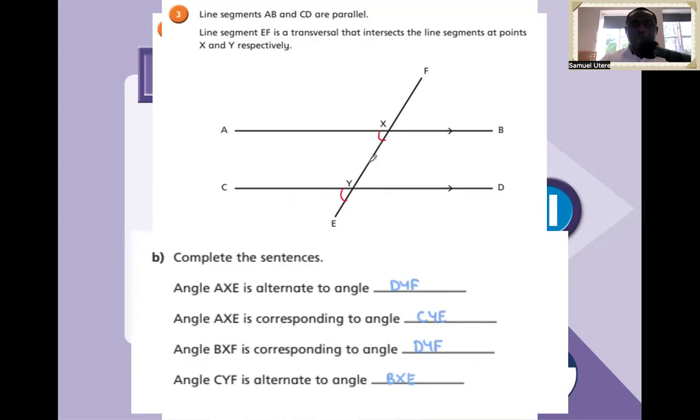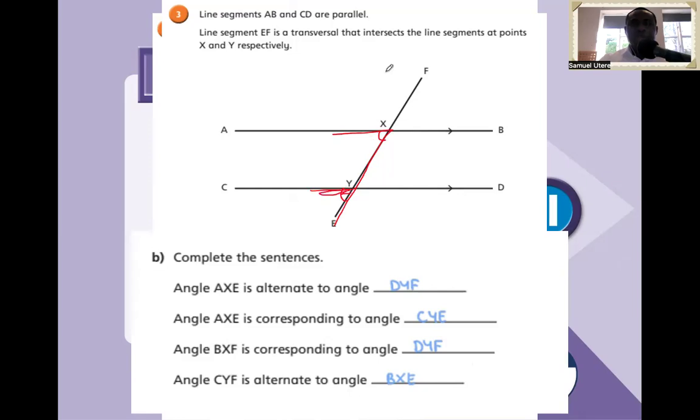Have you noticed the shape that you see here? The F shape that is in reverse, but look, the location of the angle is in the same location on the F shape.